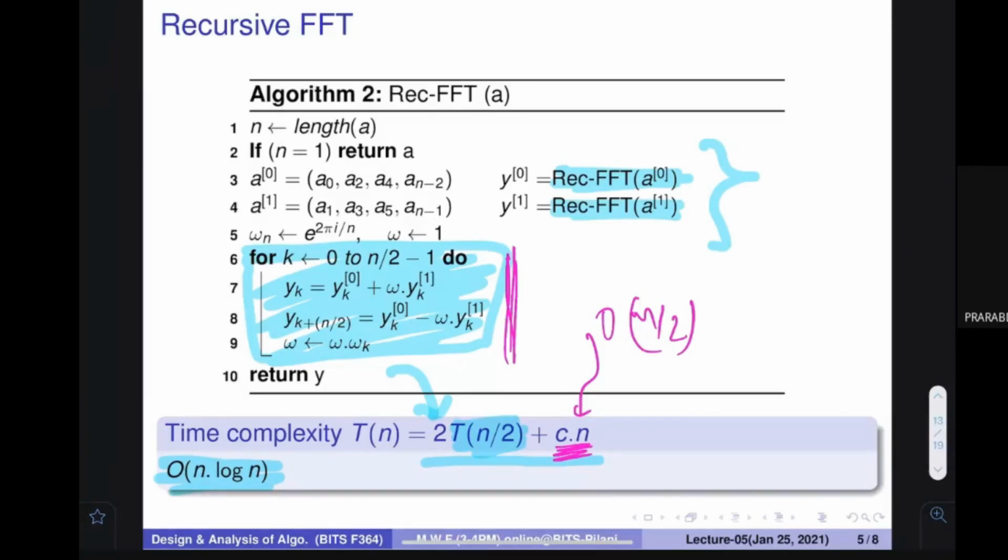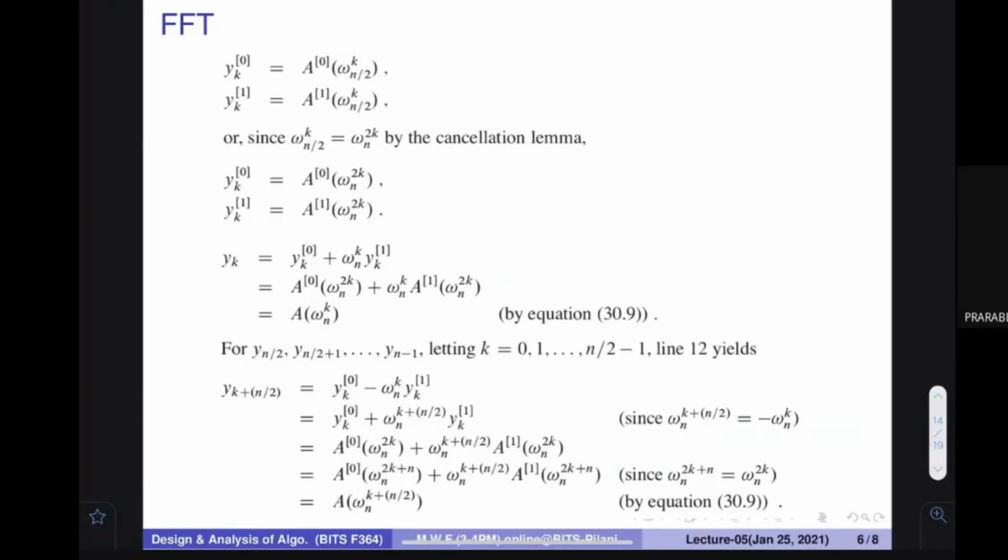We just want to show you that the y0 terms are actually this, the y1 terms are this to the k, and then because of this halving lemma you can just double it, because they are on the half, and n by 2 items are there, so you can say the nth item, and this k becomes 2k.